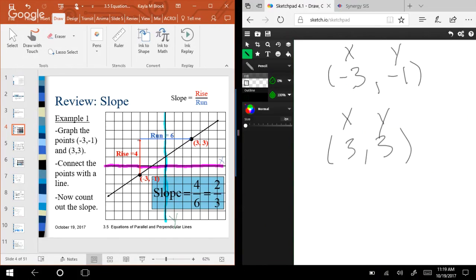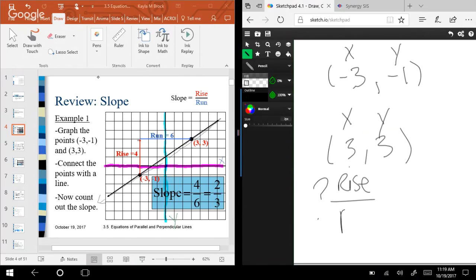Now, this has already been done for you, but just imagine that it hasn't, and you draw your line through those 2 points. After you draw your line, you need to figure out the slope. The slope is the rise over run. So you pick 2 points on the line, and you need to pick 2 exact points.